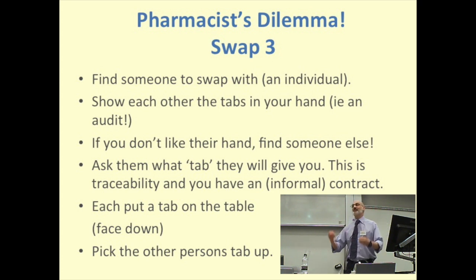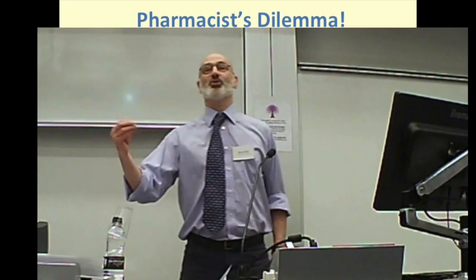Okay, so you have the traceability, you have the informal contract, and now you get to audit your supplier. I'll give you 20 seconds to do that. Okay, 5 seconds.